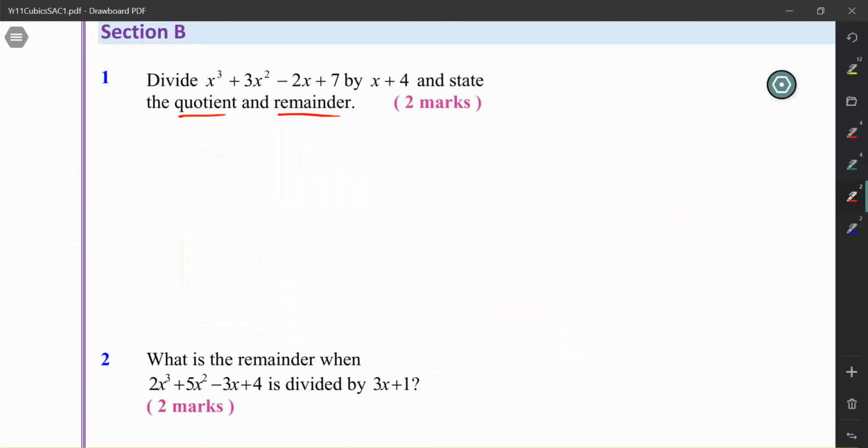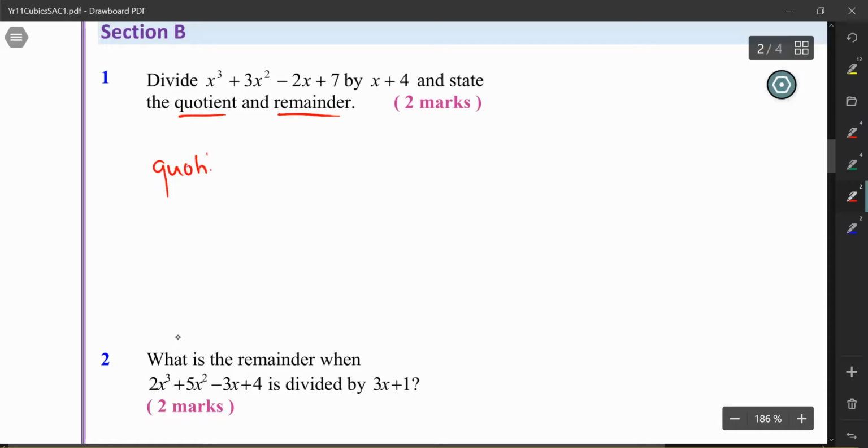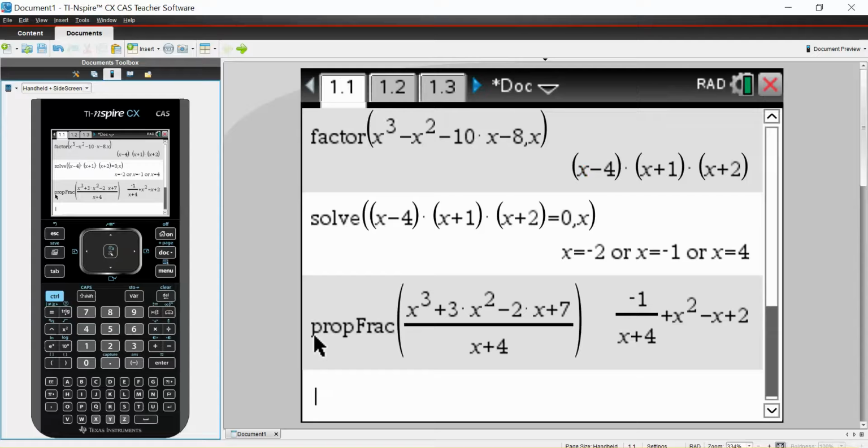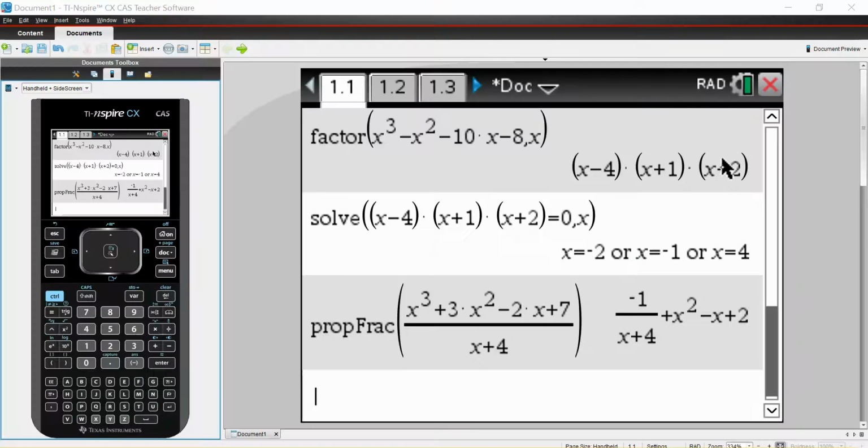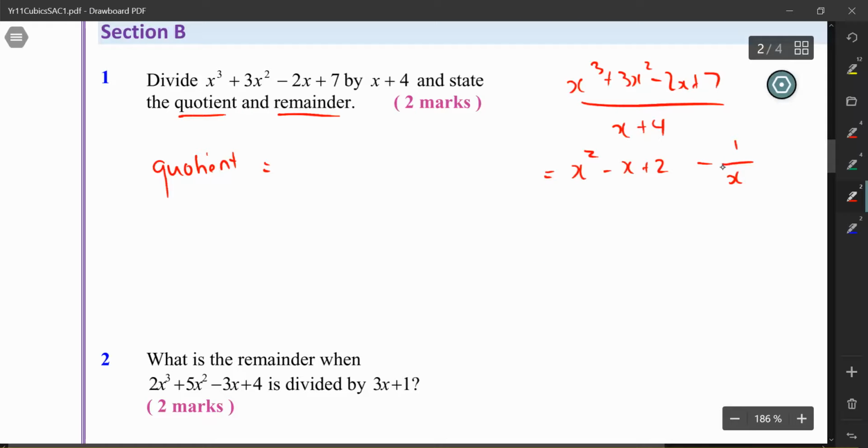Yeah? So answering the question, I might even write x cubed plus 3x squared minus 2x plus 7 divided by x plus 4, and I'd write here x squared minus x plus 2, and then I've got minus 1 over x plus 4.